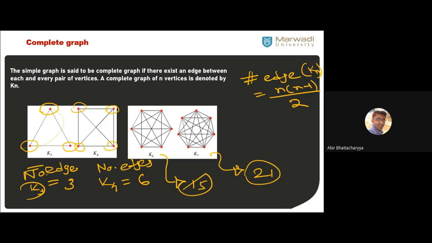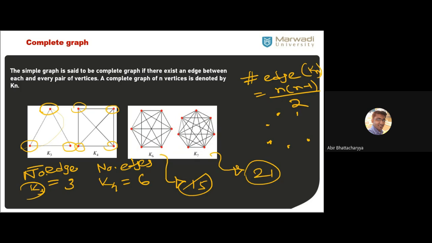In the exam, we can ask you to draw K6 and K7. How to draw it? First of all, you have to pick all the vertices. For K6, how many vertices will be there? 6. So plot those 6 vertices: 1, 2, 3, 4, 5, 6.